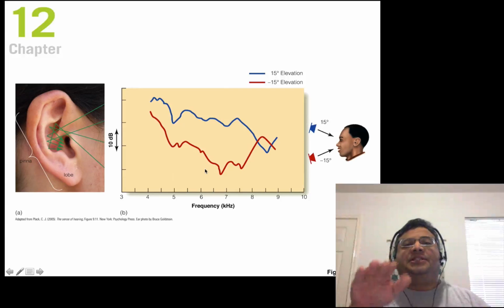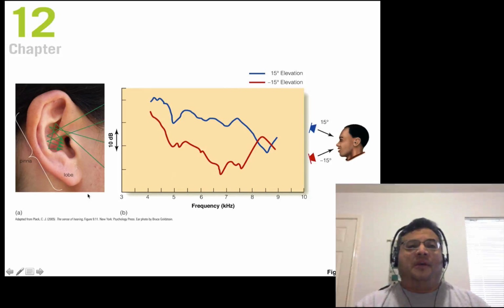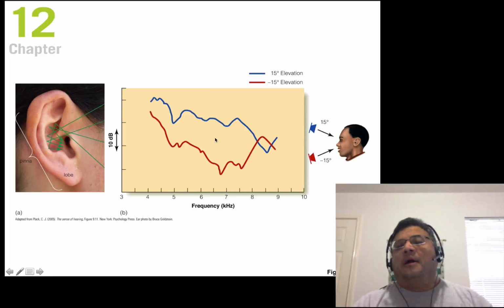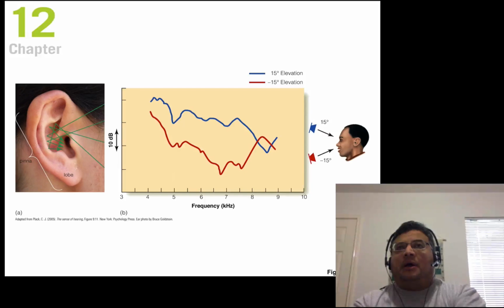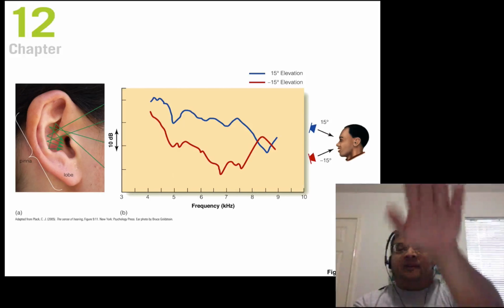That's because the intensity of the sound hits your ear differently based on whether it's coming from below you or whether it's coming from above you. We can use this information to calculate where sound is coming from elevation-wise.